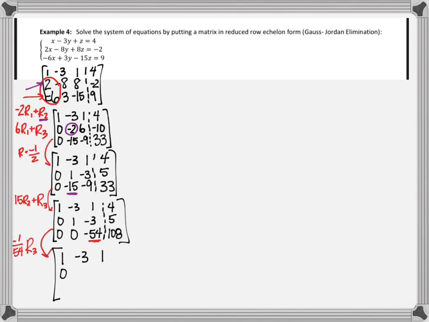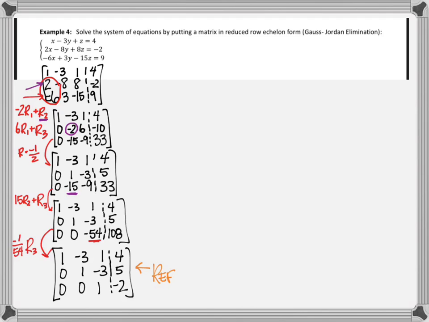I'll either ask you to get the matrix to row echelon form or reduced row echelon form, so we'll see our options, whatever our preference is. All right, so this matrix down here, that is our row echelon form.